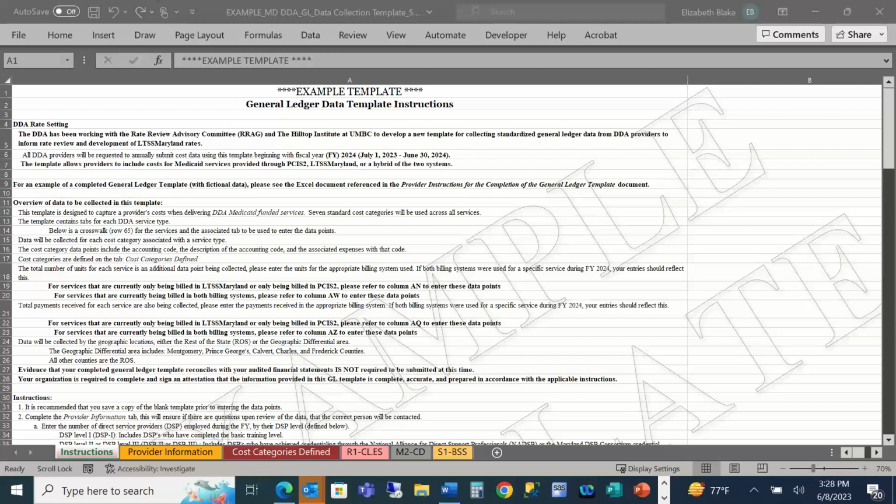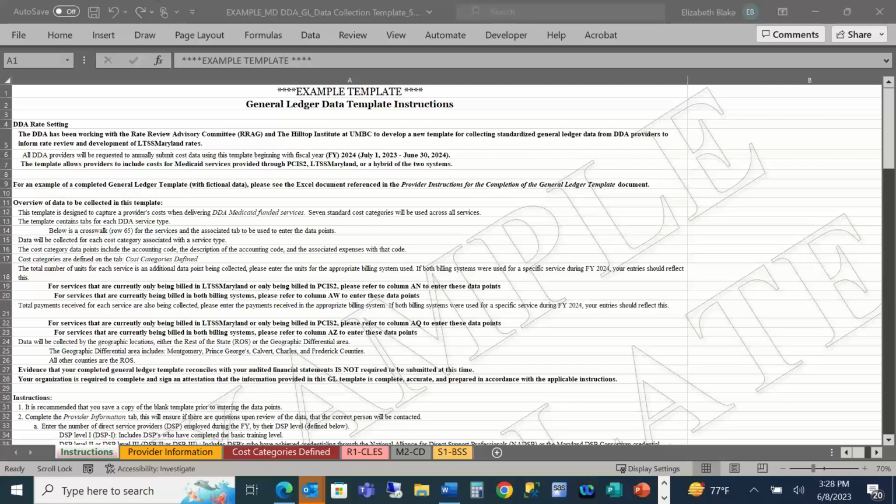Second question, will the general ledger data tool replace the cost report? If you are still billing in PCIS 2, the cost report will still be required. Obviously, if you're billing in LTSS for all of your services, then there would be no cost report.